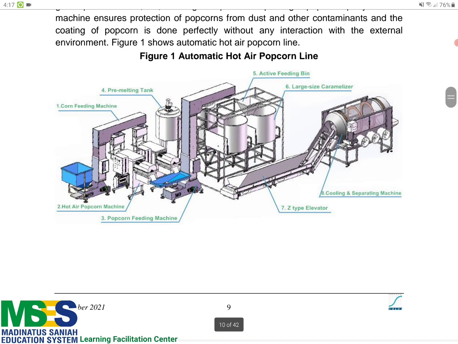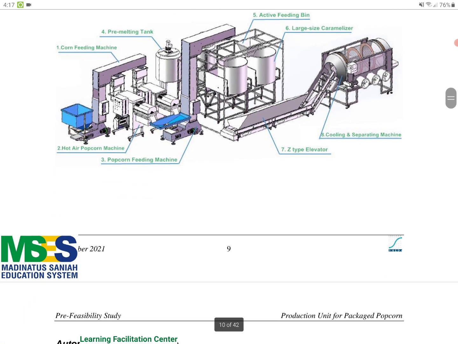They are separate tanks aligned in a row, so that popcorns are popped, then moved, and flavored on the way. We can also watch a video where popcorns are automatically made.